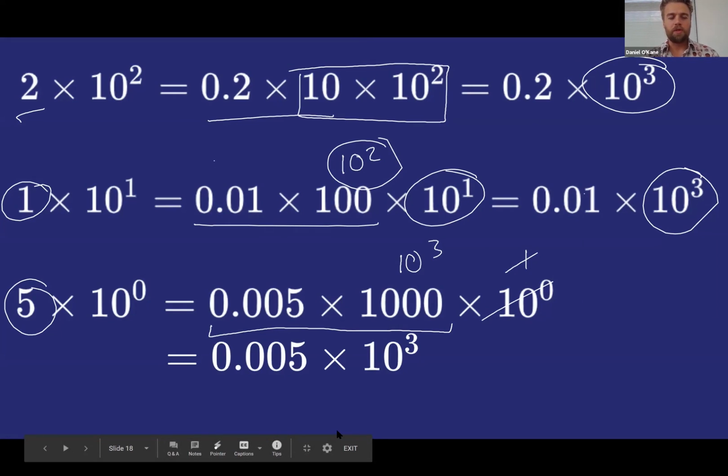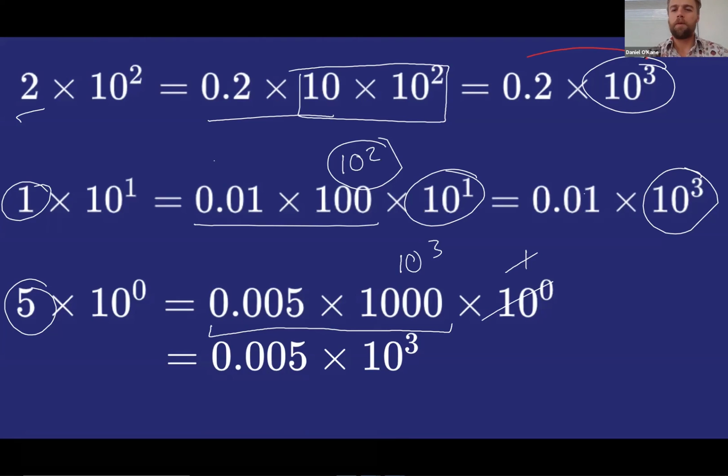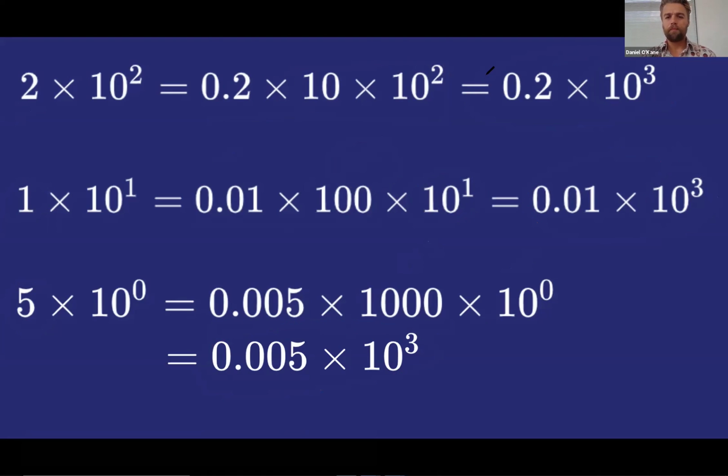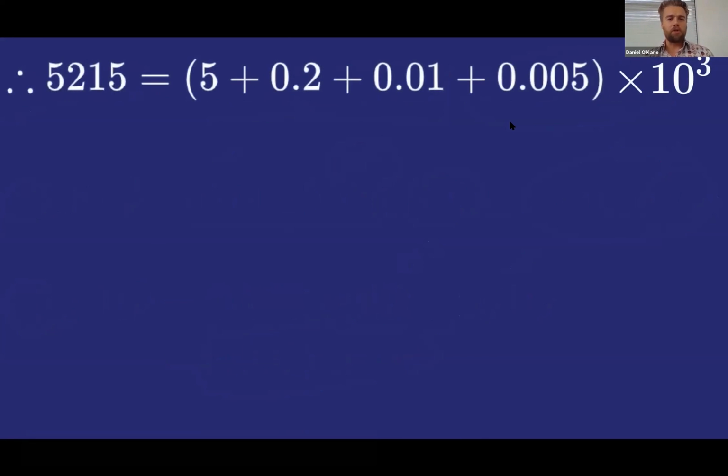So I'll just circle those numbers because I'm about to carry them over to the next part. 0.2 times 10 to the power of 3, 0.01 times 10 to the power of 3, and 0.005 times 10 to the power of 3.